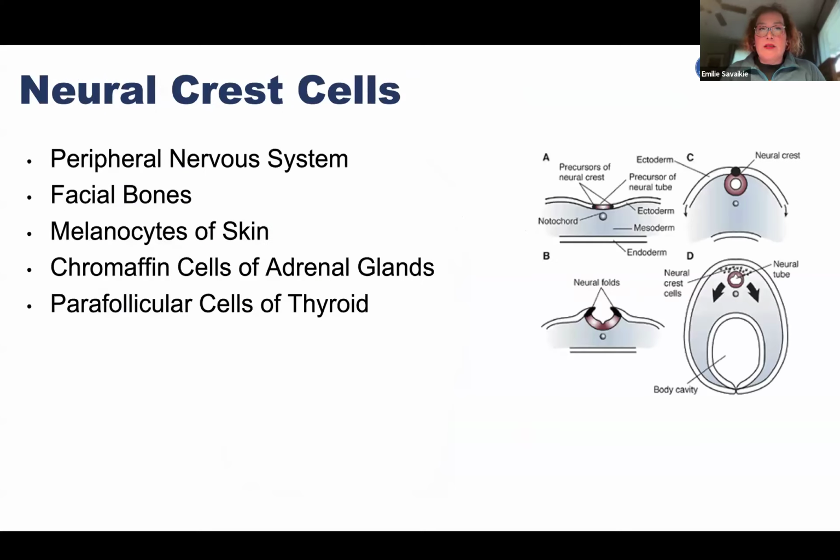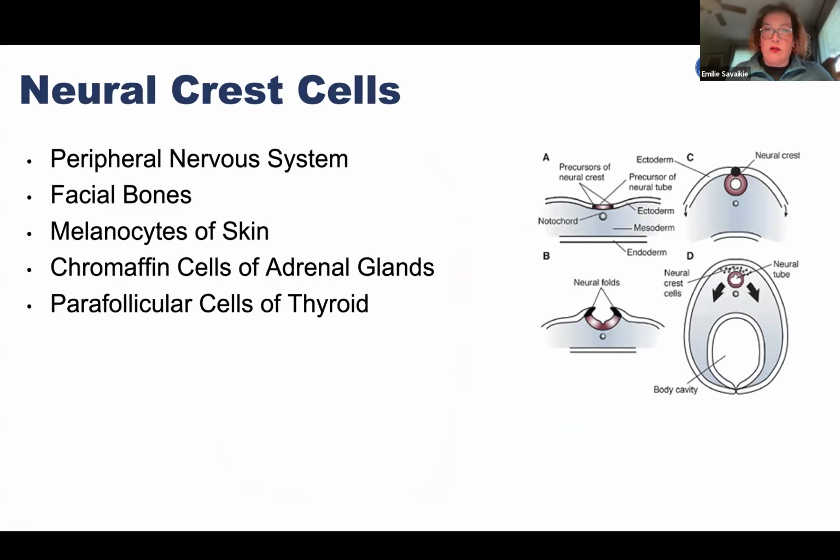So those neural crest cells form a lot of other structures. They start to migrate all over the body. In the head, they form your facial bones, cranial nerves, and the connective tissues of parts of your head. Along the spinal axis, you get your peripheral nervous system, so your sensory and autonomic nerves, melanocytes, and chromaffin cells of the adrenal medulla.